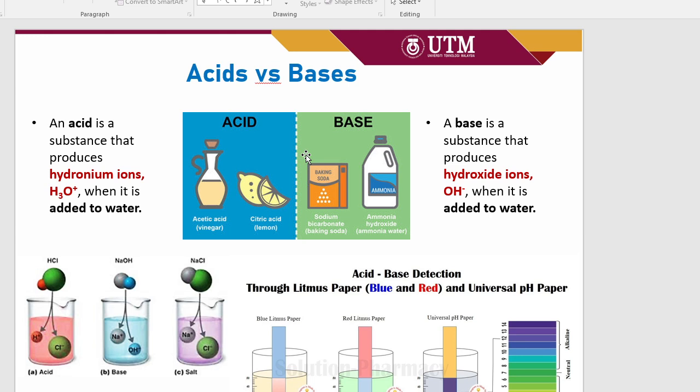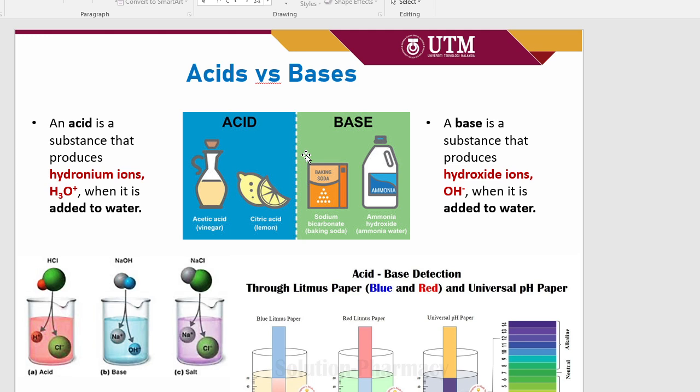What are acids? What are bases? It's obvious to you; all of us know what acids are. Acids are substances that produce the hydronium ion when added to water. Bases are substances that produce the hydroxide ion, OH-, when added to water.